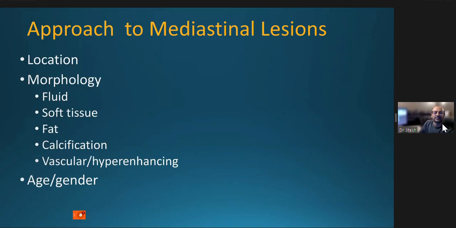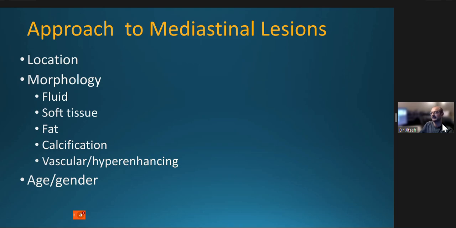So now let's proceed to how to approach these masses. The first step, as we all know, is the localization. Based on the localization where the mass is located, we can generate a meaningful differential diagnosis. Once we localize the mass, the next step is to identify or characterize these lesions. So again, it depends on whether the mass is predominantly cystic or solid.